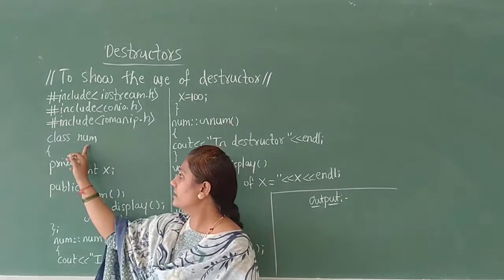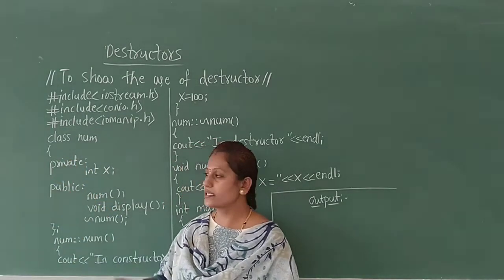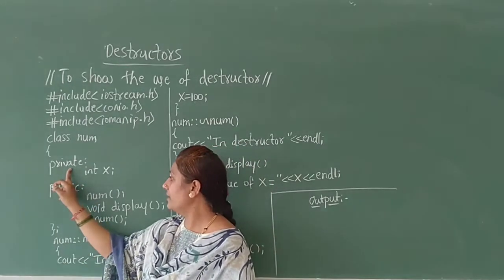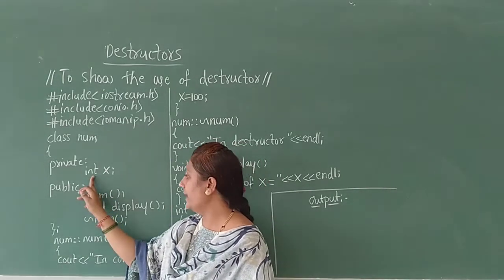Next, it creates the class num using the keyword class. Here num is the name of the class, and in the private section the data member x is declared with the data type integer.